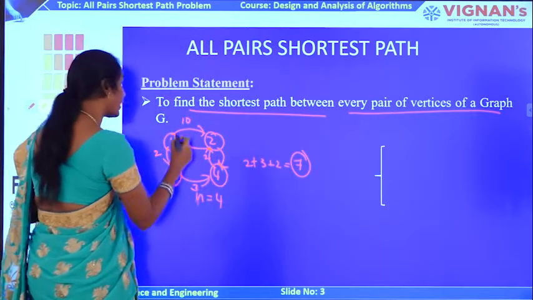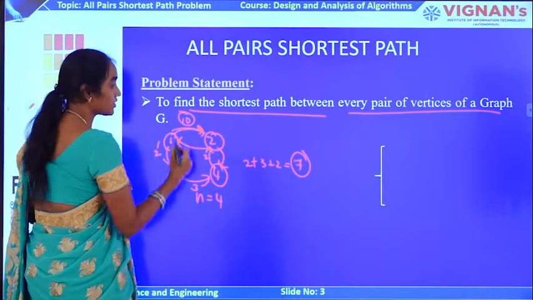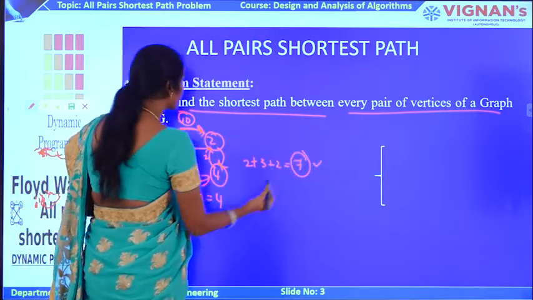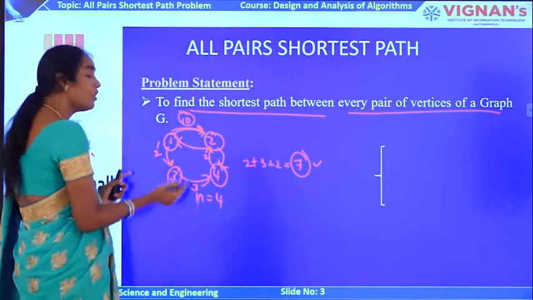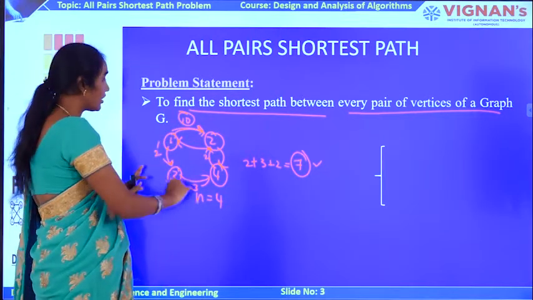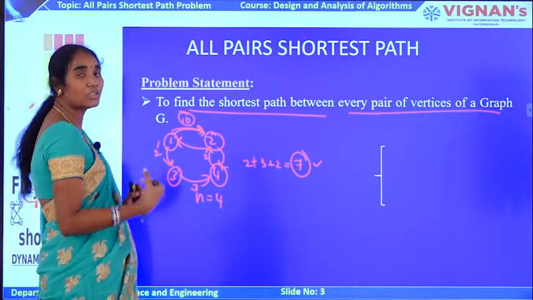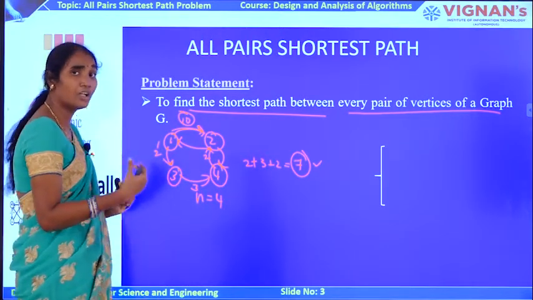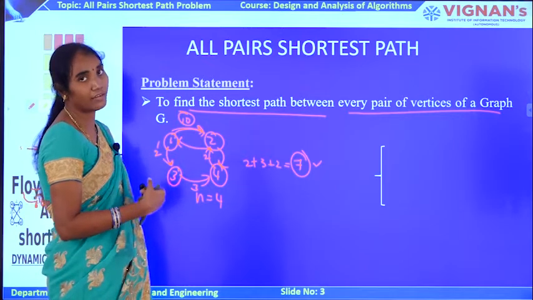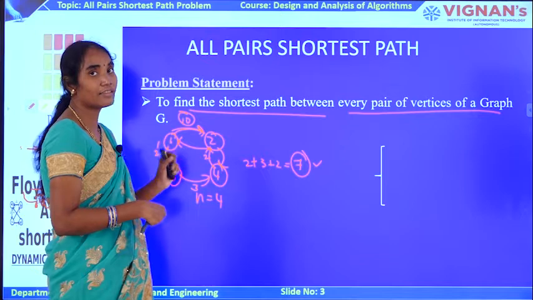In direct it is 10, whereas going via these 2 vertices it is 7. What is the shortest one? 7. So, without going on the direct path, I will go on this path because it takes less cost. This is all we know once we learn this problem properly. Now, let us see how to solve this problem.